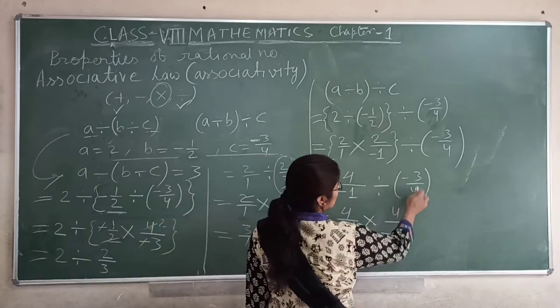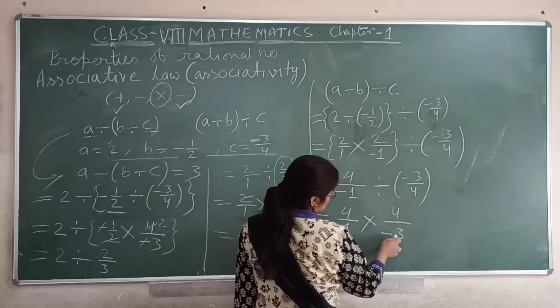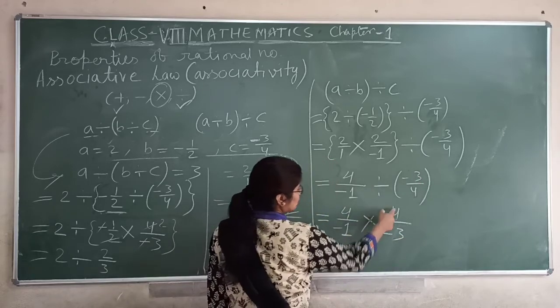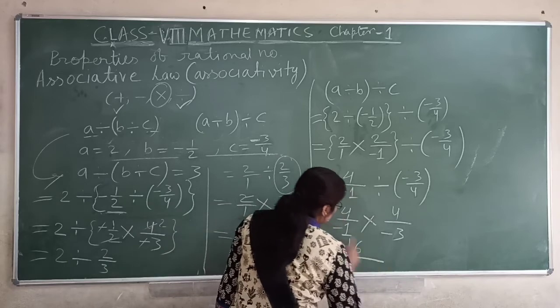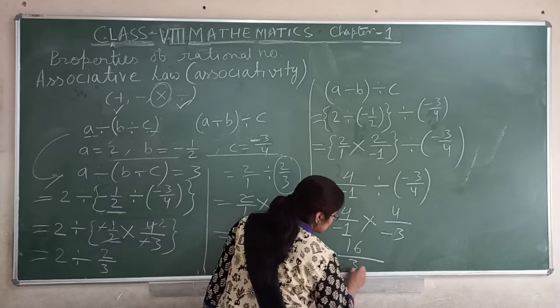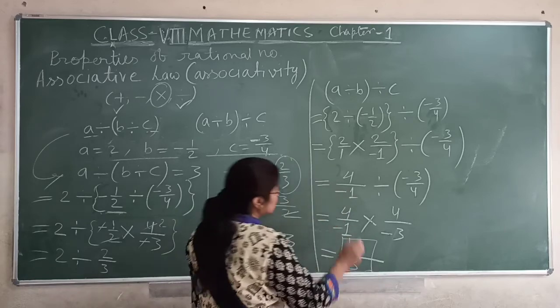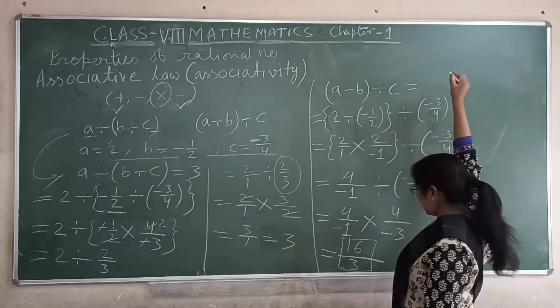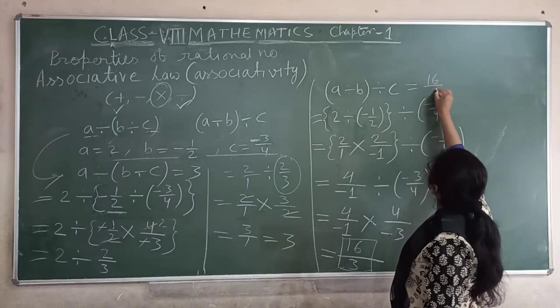We take the reciprocal: 4 goes up and minus 3 comes down. Okay, nothing is being cancelled here, so 4 into 4 is 16. Minus into minus is plus, no need to show the plus sign, 3 into 1 is 3. So you are getting 16 upon 3. When you calculate this one, you are getting 16 upon 3.